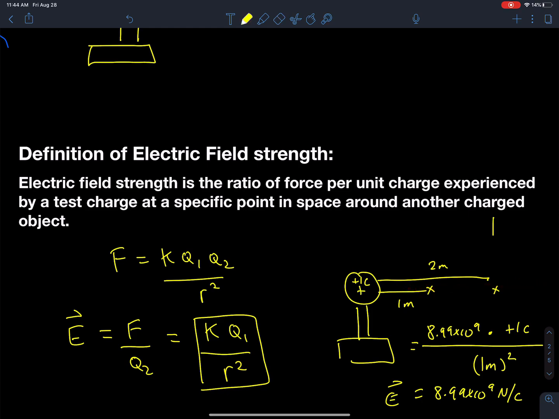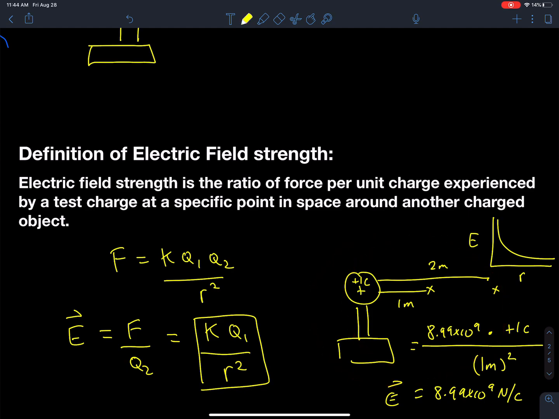If I wanted to draw a graph of that, my electric field strength and r, it would look something like that, where I rapidly drop in electric field strength as I move further away because it's an inverse squared function. So that's our electric field.